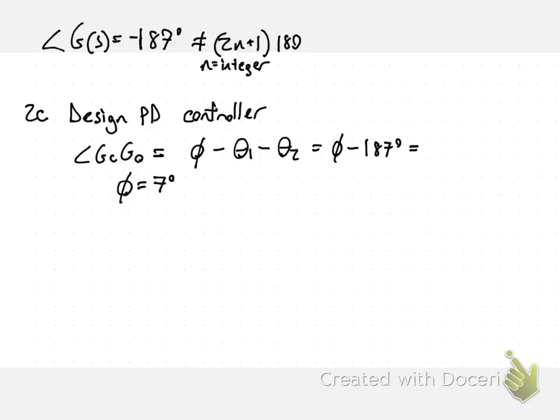And since phi needs to equal 7 degrees, if we have 7 degrees here, we're going to have 0.1732 for our rise. So we need to use trigonometry to solve for x, and then add 0.1 to our answer because it's located at negative 0.1. So we should get that our z is located at negative 1.51.